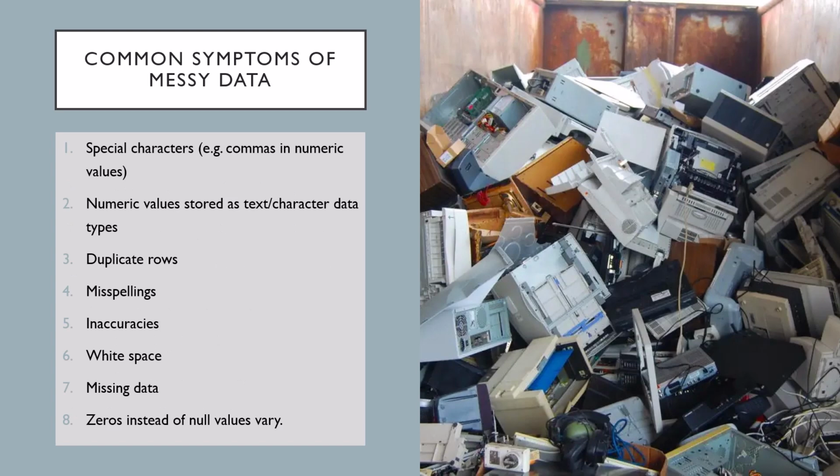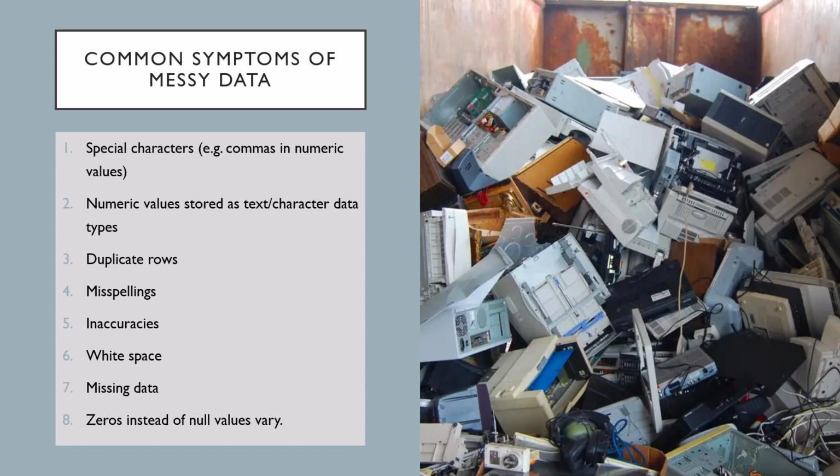So these are the common symptoms of messy data. Some data has special characters. Numeric values are stored as text or character data types. For example, you have a column of numbers of people's age stored as texts or strings.